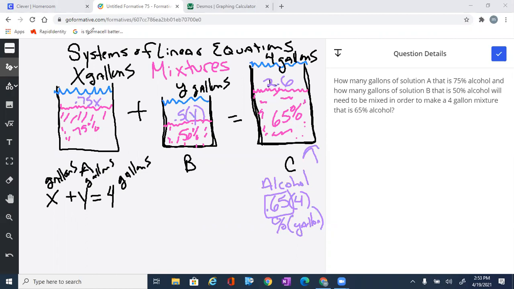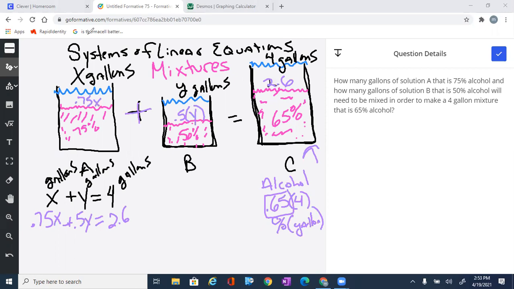So we take the alcohol and add the alcohol to get a total amount of 2.6 alcohol. And that is going to be our second equation: 0.75X plus 0.5Y equals 2.6. That is the total amount of alcohol.